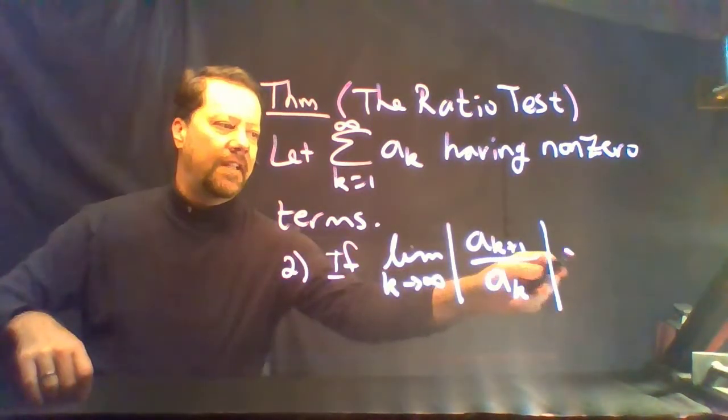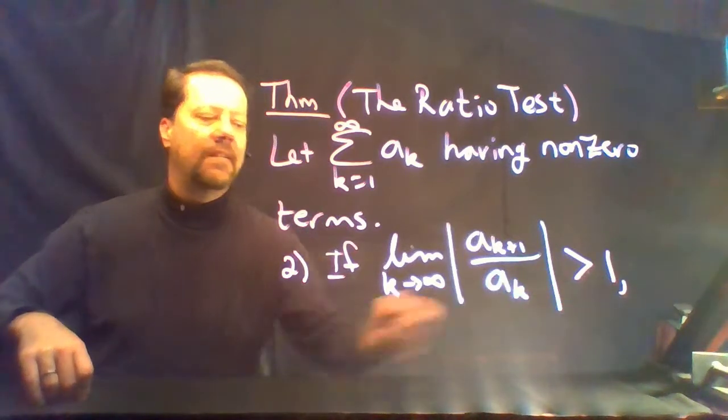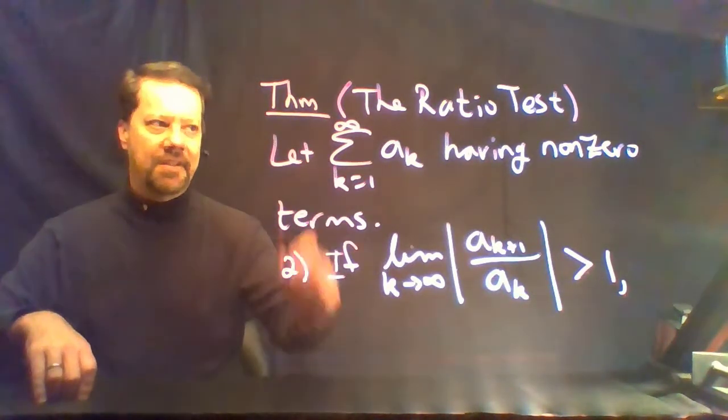Second, if the limit of the ratio is greater than 1, then the series diverges.